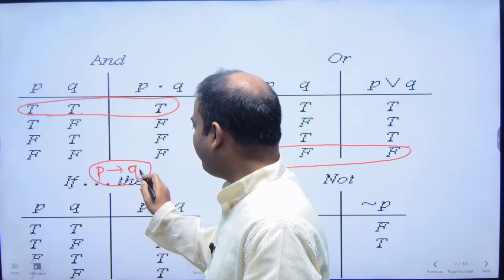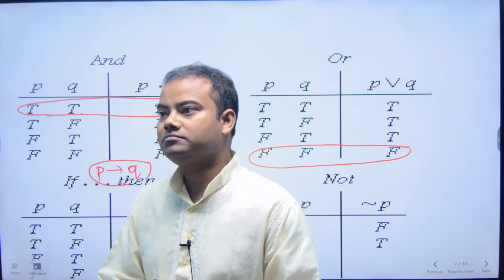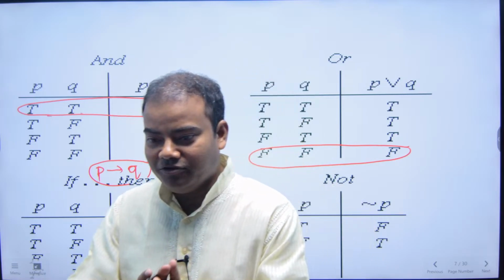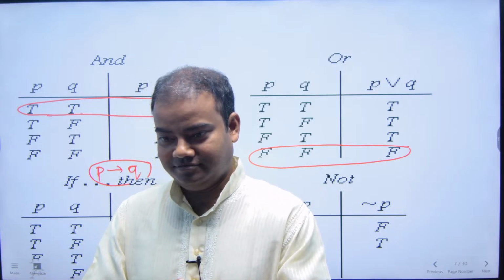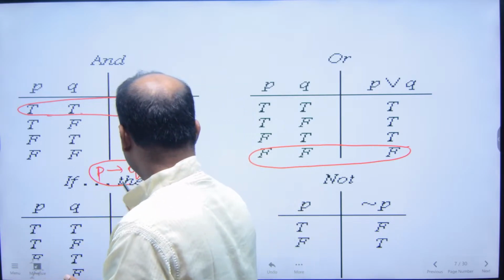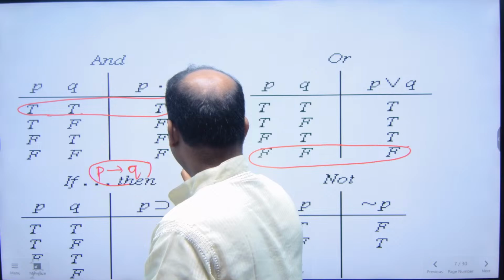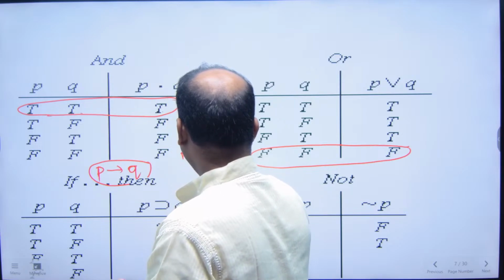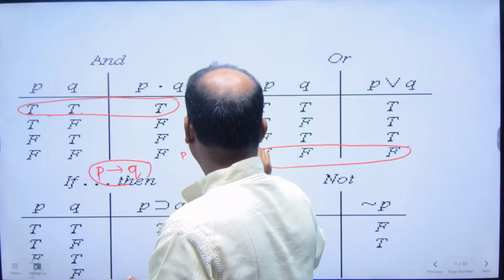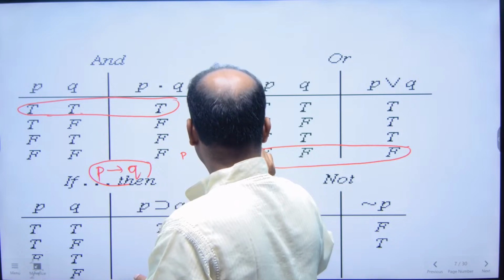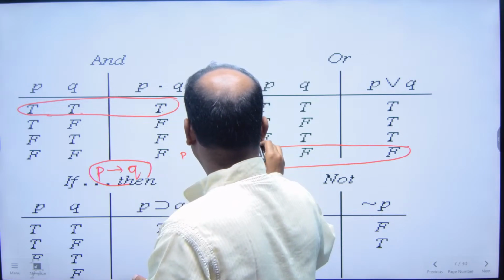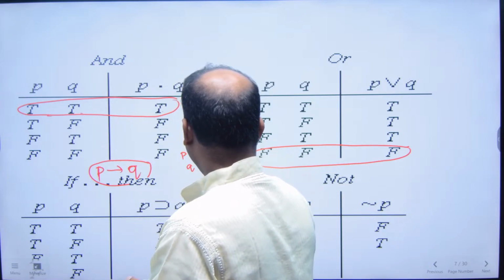For example, if I say that if you study 8 hours, then you will be selected in GATE. So P is what? P is study more than 8 hours, and Q is selected in GATE.